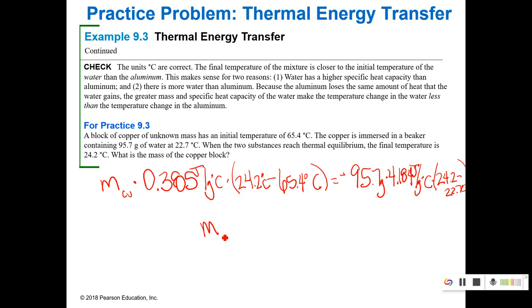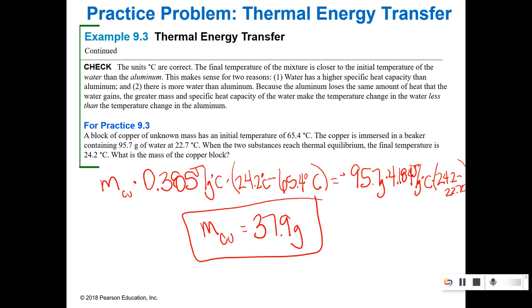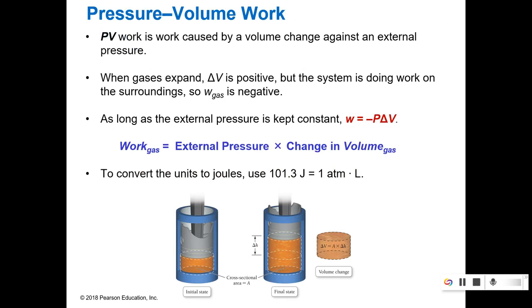And I get that the mass of copper is equal to 37.9 grams. Okay, so all I did was I multiplied all of this and I divided by all of this. Okay, again, let me know if y'all need help.